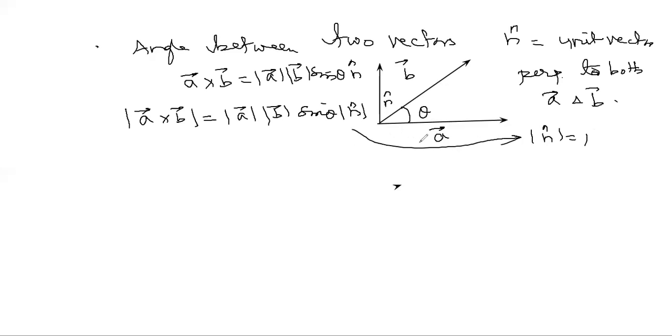So this can be replaced by 1. We get only magnitude of A, magnitude of B, sine theta, and therefore we can find the angle between two vectors using the magnitude of A cross B divided by magnitude of A into magnitude of B. So we can find sine theta this way.